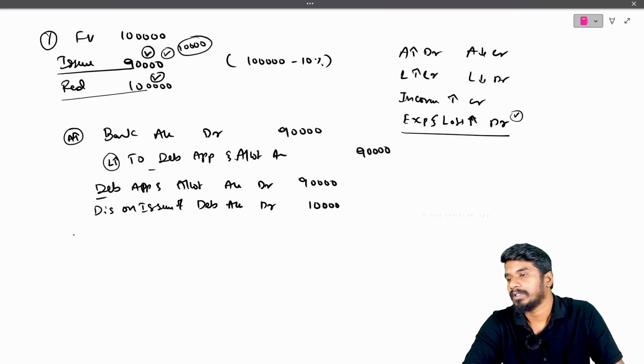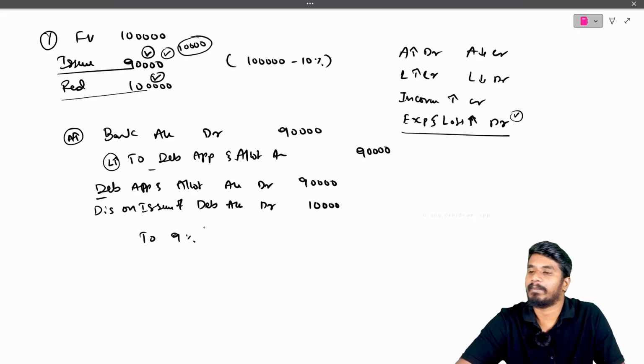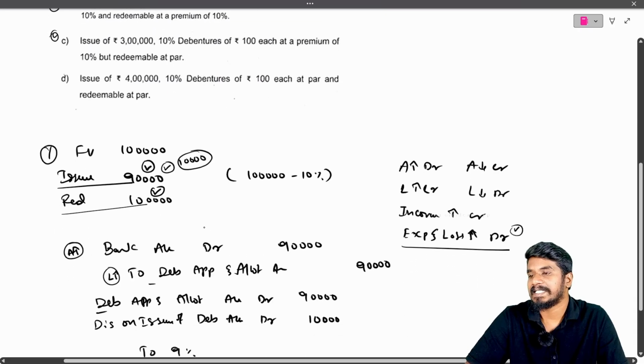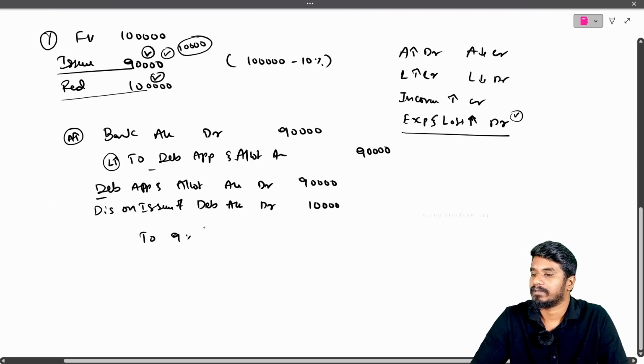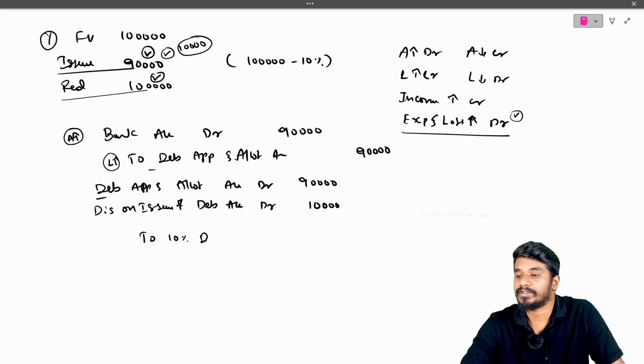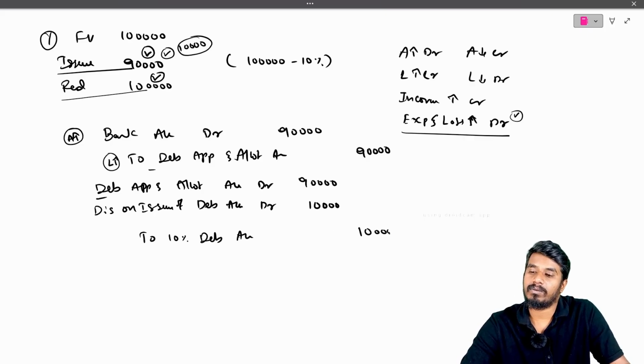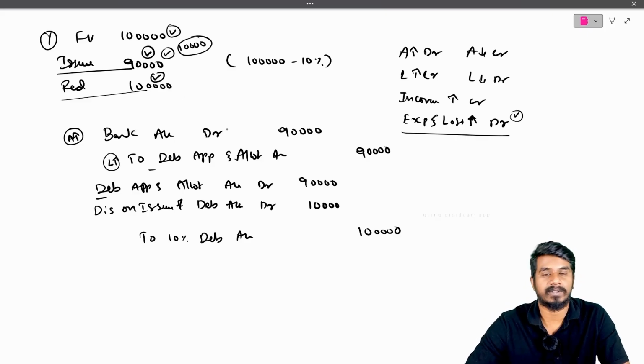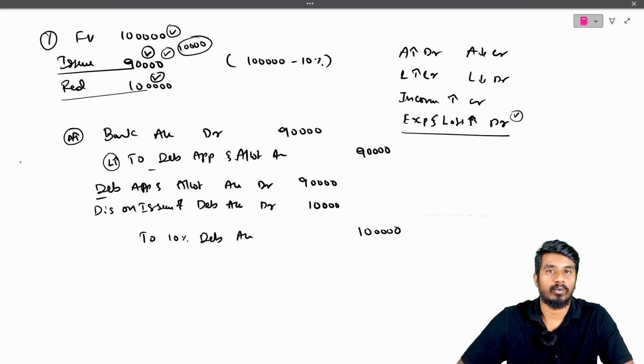Now we will transfer it to the debenture account. What is the percentage of debenture? It is 10%. You need to write it as 10% debenture account, for the face value of 1 lakh rupees. Whatever the face value is, that we need to transfer to the debenture account. Simple thing. The first is over.